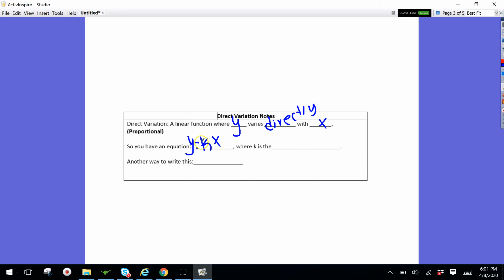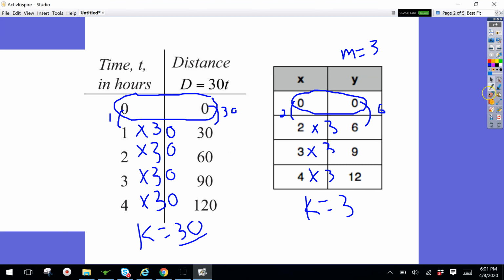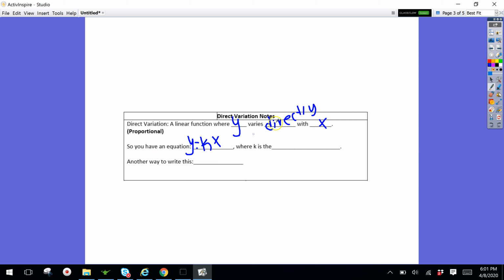Yes, k is your slope, so we could have used m. But we're using k because it's even more special. It's our little ratio that we were getting here in our table. So that's why we're using k. But it's the same thing as m, really. It's our slope, where k is the constant of variation.